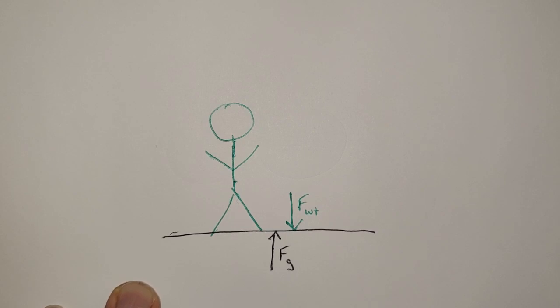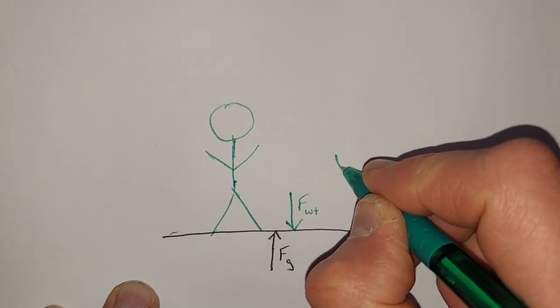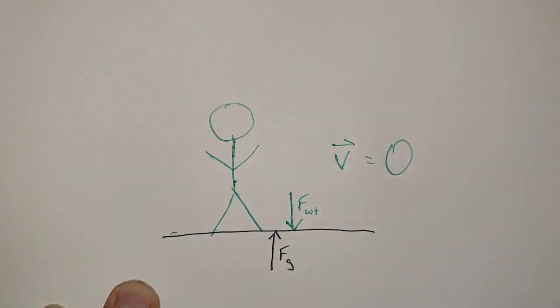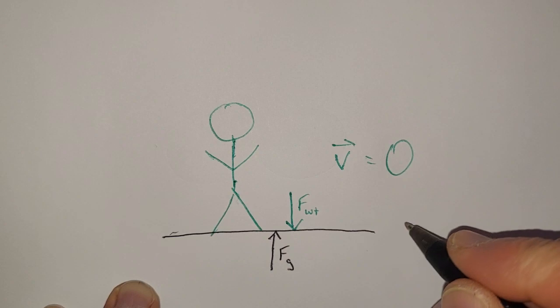Now, if these forces were not equal in magnitude, you would move. Move up, move down, whatever. Okay? But since you don't move, your velocity is constant, is zero. Okay? Which means the net force must be zero.